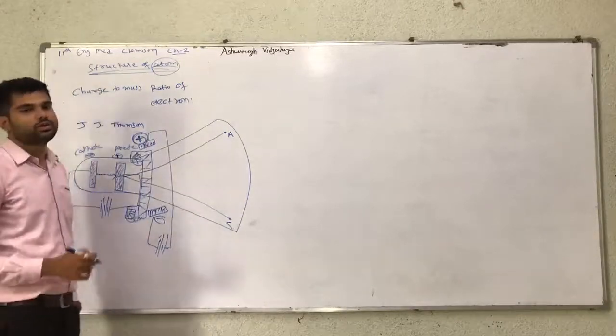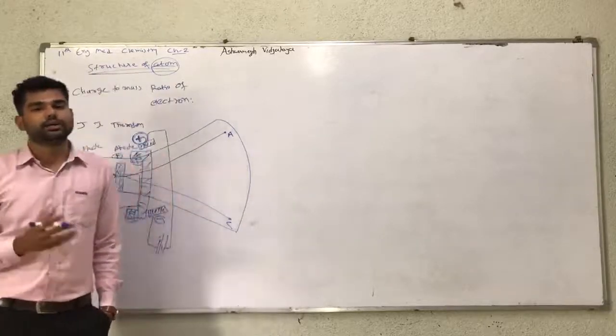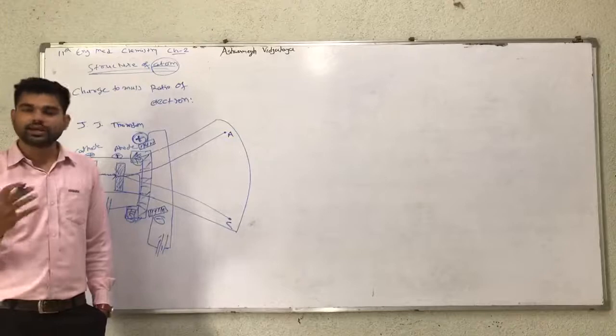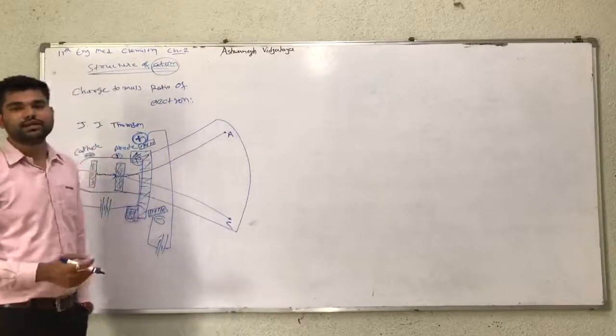It means this concept given by Michael Faraday is right: when the cathode ray is put in an electric or magnetic field, the ray is deviated.